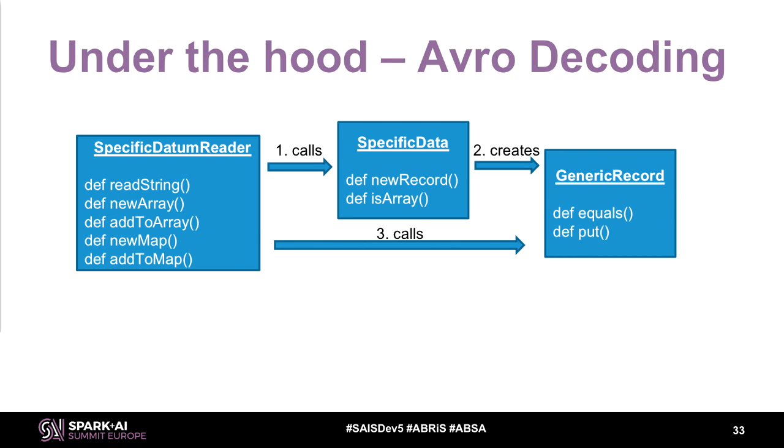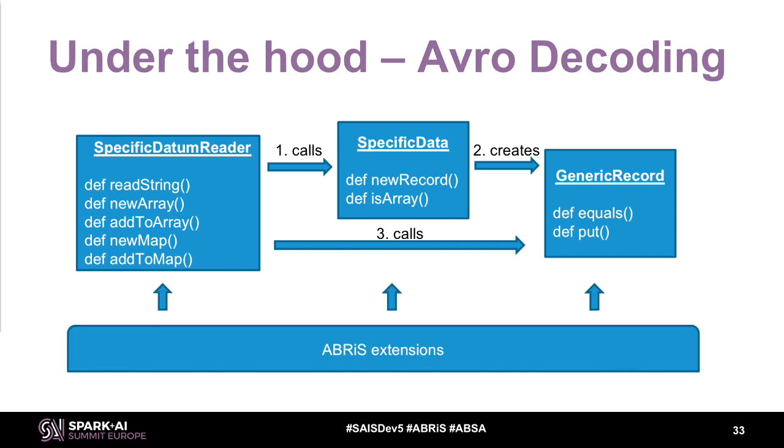Okay, so specific data reader is kind of a deserializer for Avro data. The generic record, we have already talked about it. And this specific data is kind of a utilities class that provides some methods for you to facilitate the manipulation of those generic records. So we extended these three classes in this specific case.